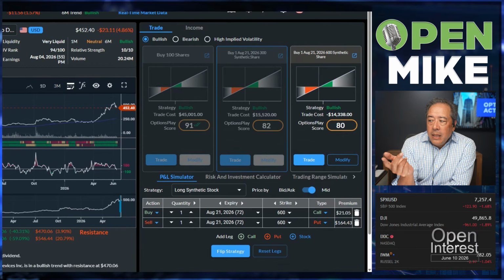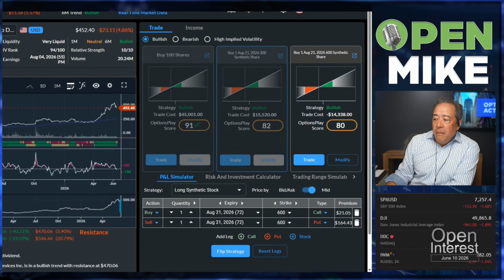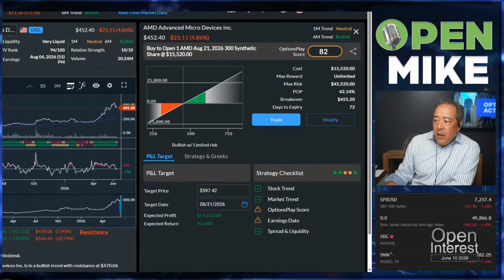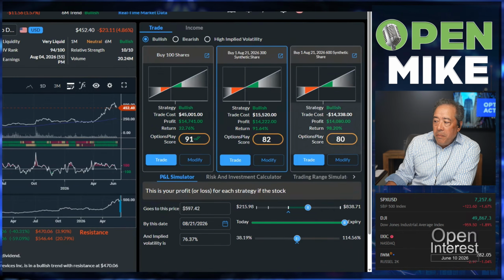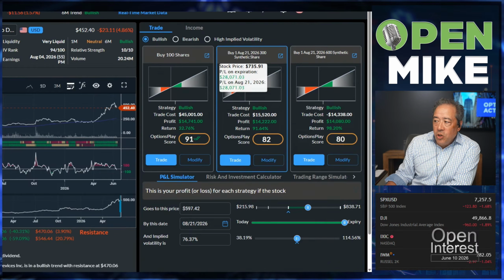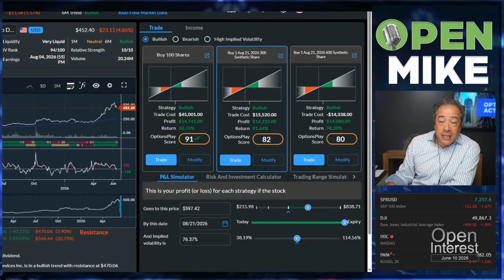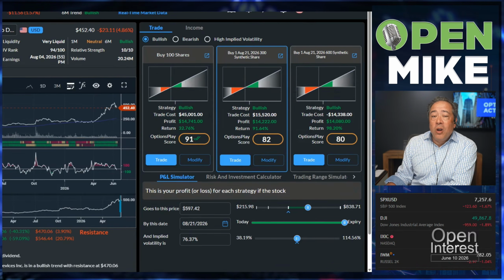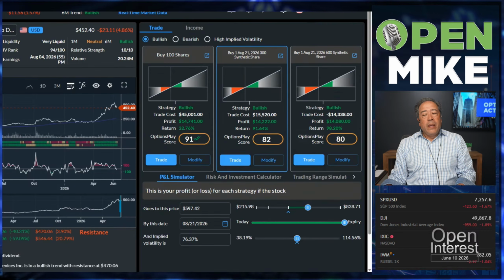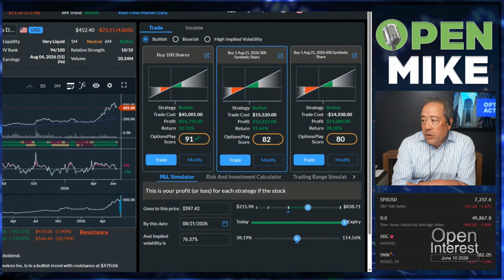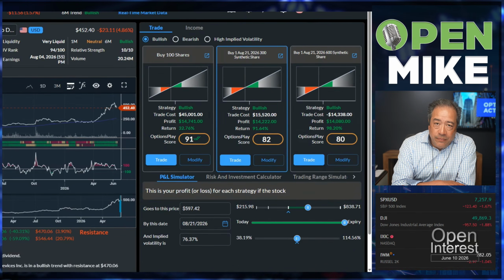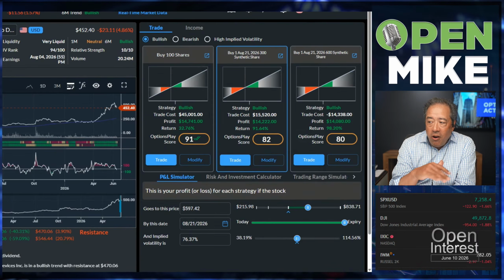What you can see is that you could even buy this synthetic and sell this one, right? So I could get long the 600 synthetic and short the 300 synthetic of the same expiration, and now I have no exposure to the stock, right? That trade is called a box, and it is purely a cost of carry trade.